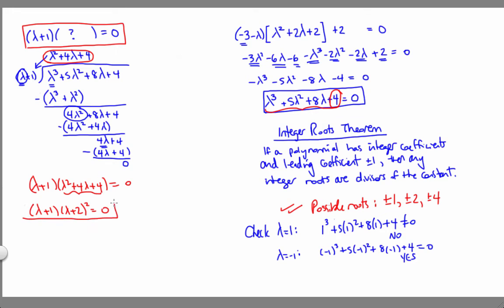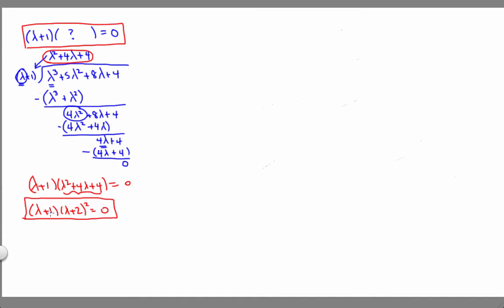So there we go. I'll put a box around that. At this point, we can write down the roots of our polynomial. So lambda is equal to -1 or -2, and those are the eigenvalues for the matrix A.